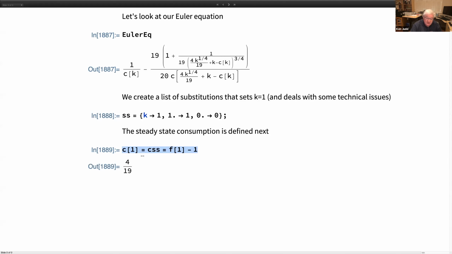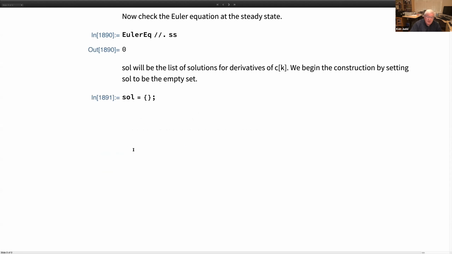So I know the consumption function at K equals 1, and I'm going to build around that. And now I check my Euler condition equation and it is satisfied. Then this SOL is going to be a list of solutions. I'm going to build up the solutions. I have the zero derivative of consumption at K equals 1. Now I'm going to do the first, second, etc. Build it up.